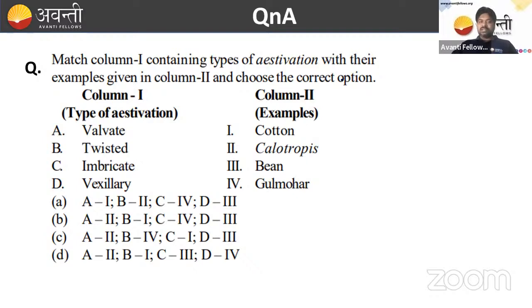In column 2, the examples are cotton, calotropis, beans, and gulmohar. You can see the screen first, and then I'm launching the poll. You have 1 minute and 30 seconds to answer this question, and then we explain things. I'm launching the poll for it. Please answer first, then we go to the next part.